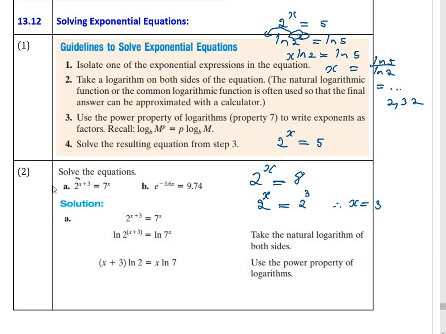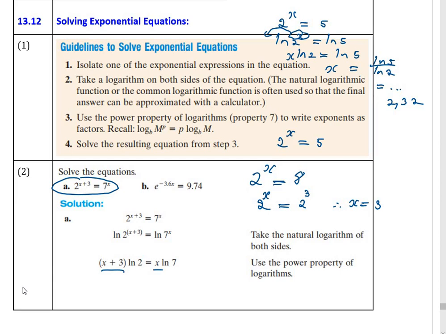So the same here now. If we have this number a here, we can put a ln and a ln. That x plus 3 comes to the front, and that x comes to the front. Now we've got x this side and x this side.